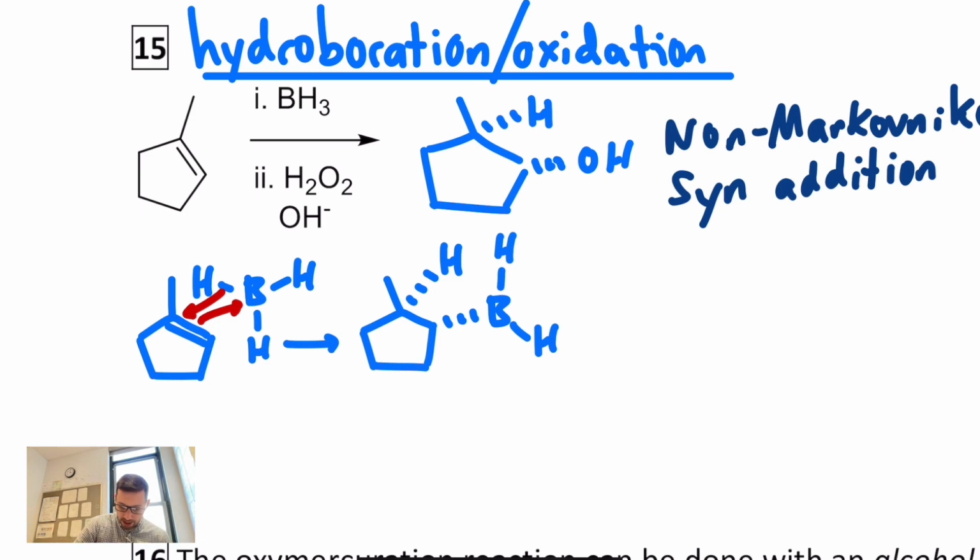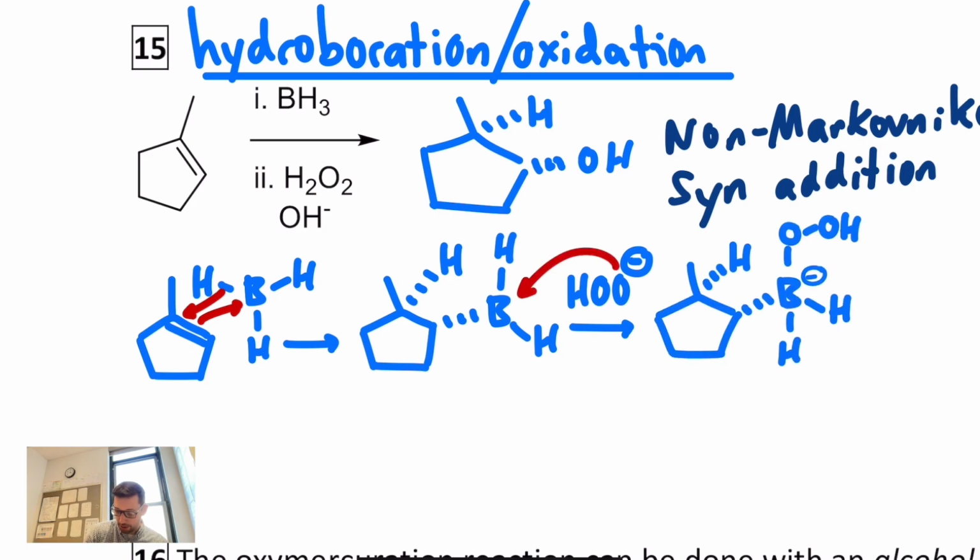So when you have peroxide and base, it's simply the conjugate base of peroxide, HOO-. That will attack the boron, and you get an intermediate with a negatively charged boron atom and a new peroxy attached to that boron. So how does this become the product?